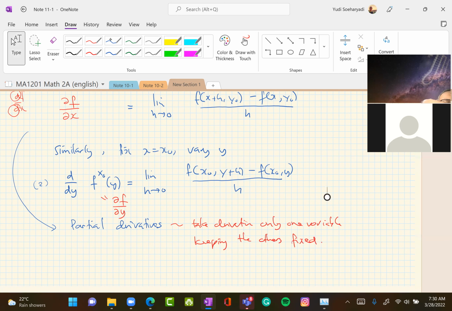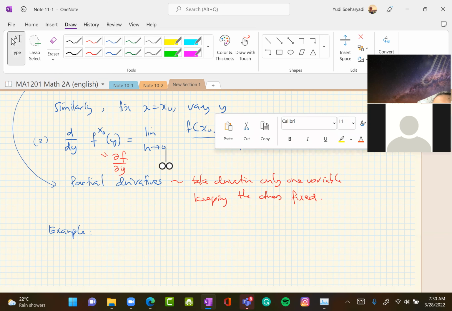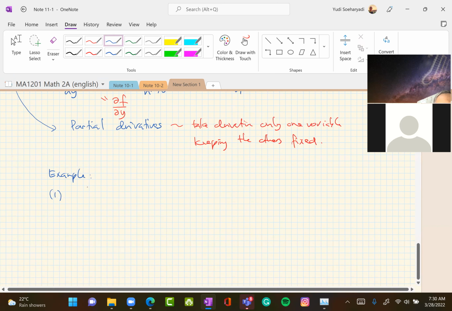All right, so let's do some computations. Let's do some examples. We don't need a new rule for how to compute partial derivatives. Let's see, the first derivative of this one here, x squared plus y squared. You take the derivative only with respect to x.